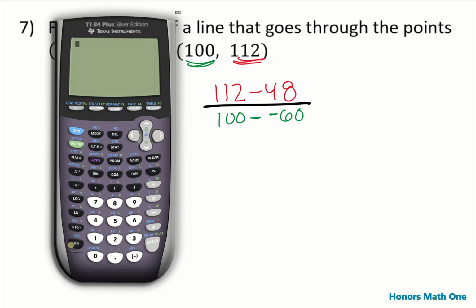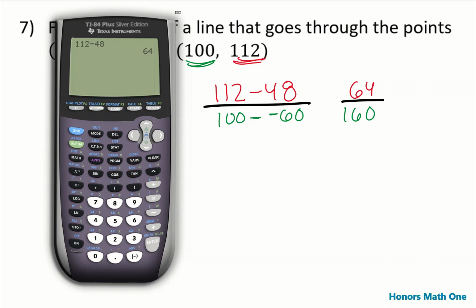So 112 minus 48 is 64. So I've got a change in y of 64 units, and I'm trying to be consistent with my colors here. And my change in x, I can do that. 100 minus negative 60 is 160.